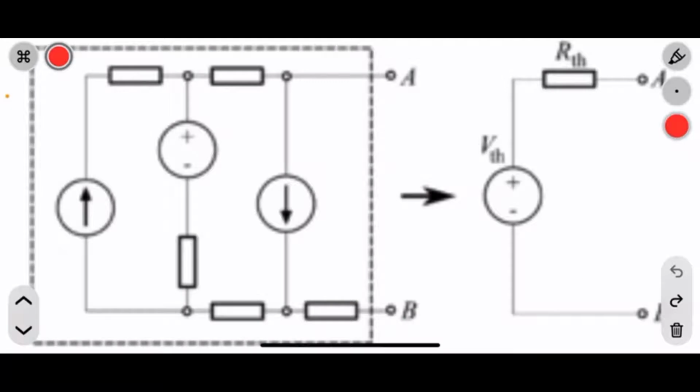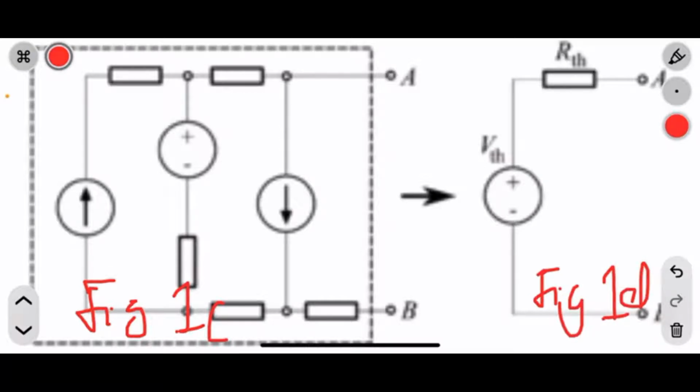So let's go to this one too. Let's call this figure 1c, and let's call this figure 1d. The same idea here. The one on the left is complex, consisting of two current sources and a voltage source with some resistors layered across. With that one, we are trying to convert it to just a simple voltage, which is called the open circuit voltage or the Thevenin's voltage, in series with the open circuit resistance or the Thevenin's resistance and the open part AB.